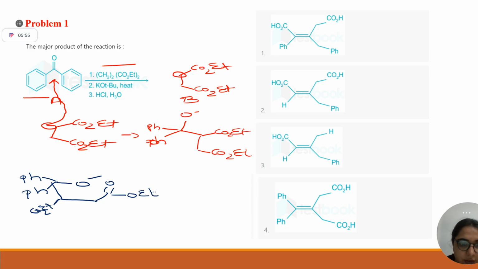As we know, students, intramolecular reactions are faster than intermolecular ones. So instead of this O minus taking a proton from external sources, what will it do? It will attack this ester. And how many member ring will form? Count and tell me. Five-member ring, exactly. So you will get that five-member ring.